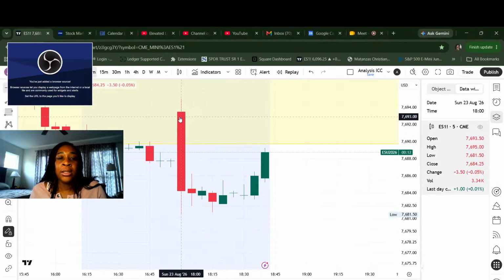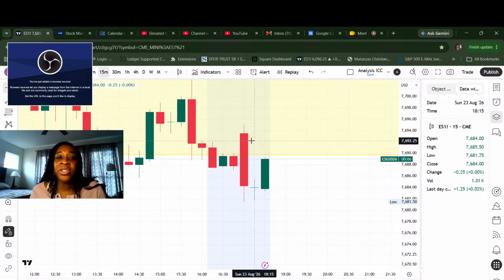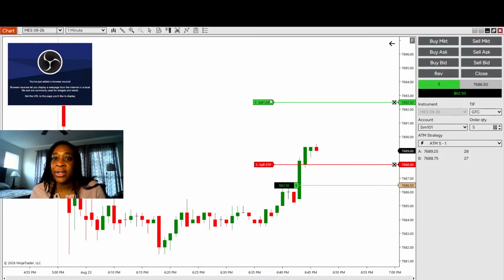Let's look at this. Did I have it up here at 695? This structure tells me it's going to come up to here, but I don't know. Where is my target? I don't have it quite at 695.